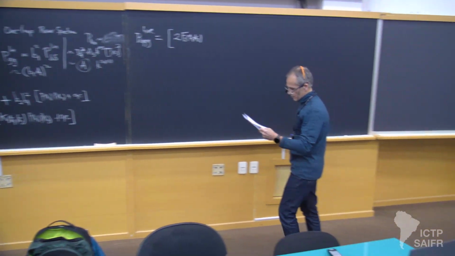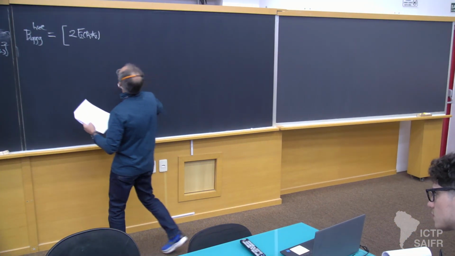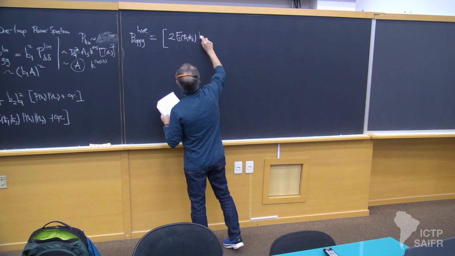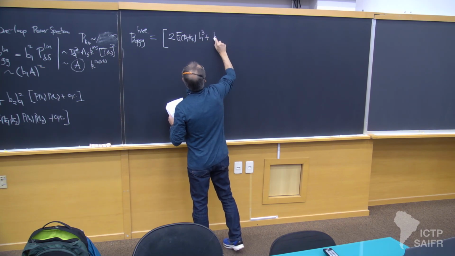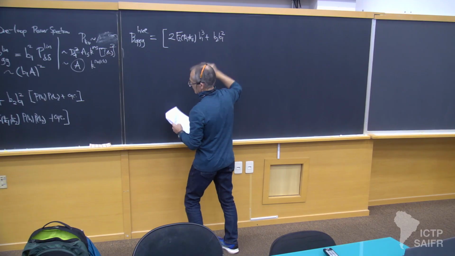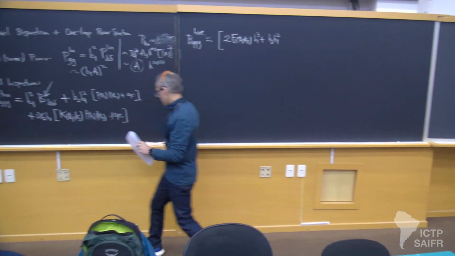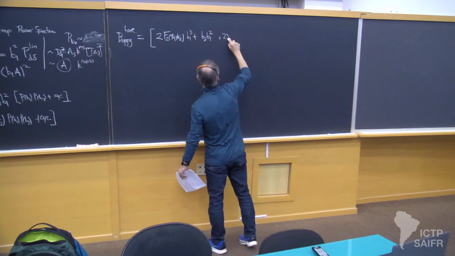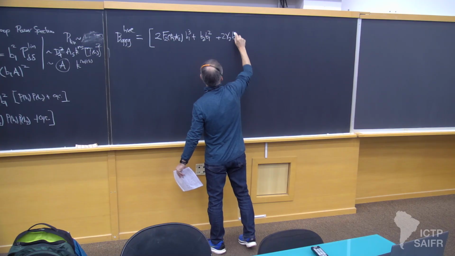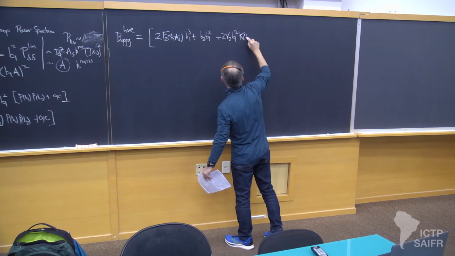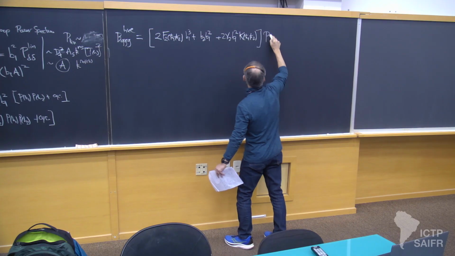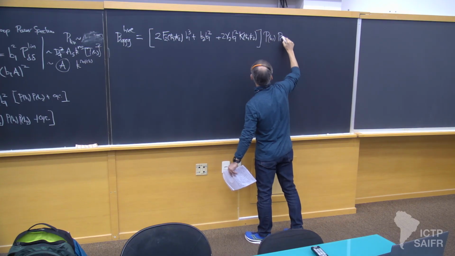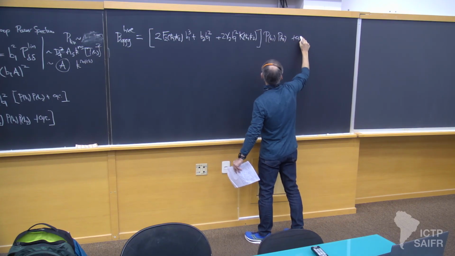Multiplied by b1 cubed. Then I have b2 b1 squared. Then I have 2 gamma 2 b1 squared times this kernel. Everything times P of k1 of the matter, P of k2, plus cyclic permutations.